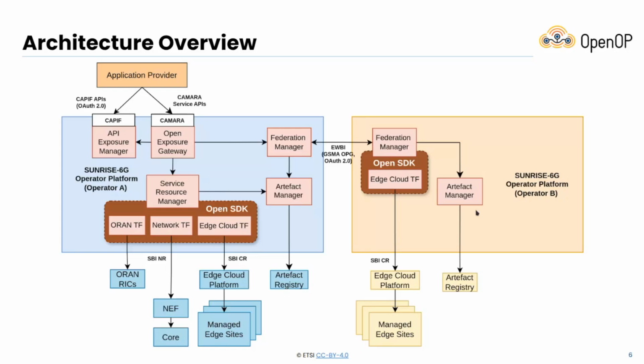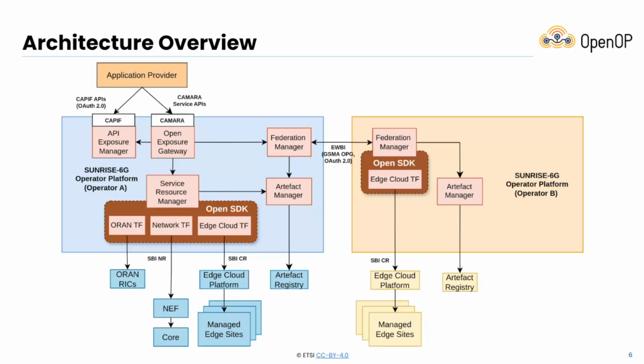This request is sent to the Service Resource Manager, which is the one that is going to consume the OpenSDK, a library, a plugin that supports the different domains, which are O-RAN, network, and edge cloud, and translates this request into the language of the different technologies in the underlying infrastructure. So we are abstracting all of this complexity, and it has a seamless integration into this framework.